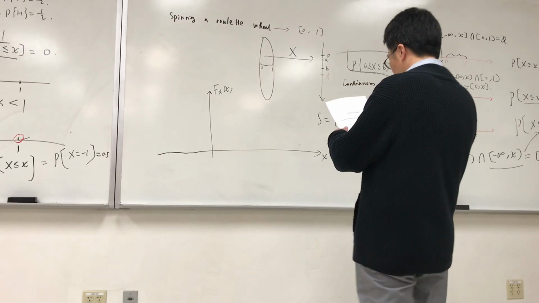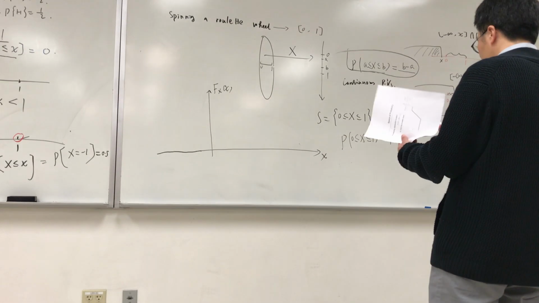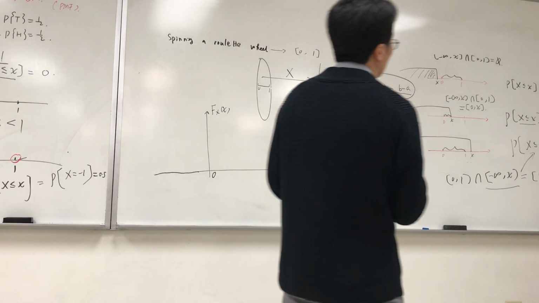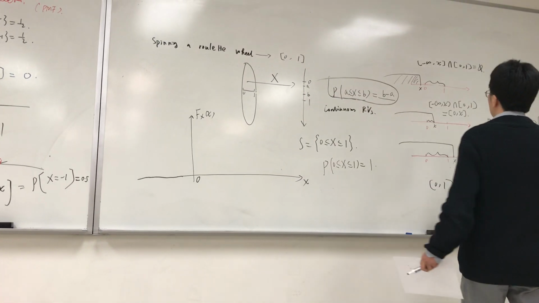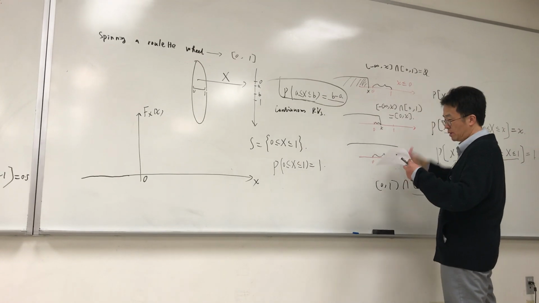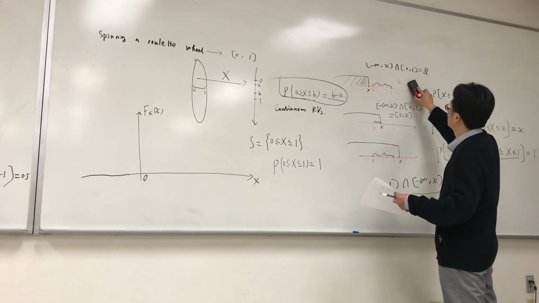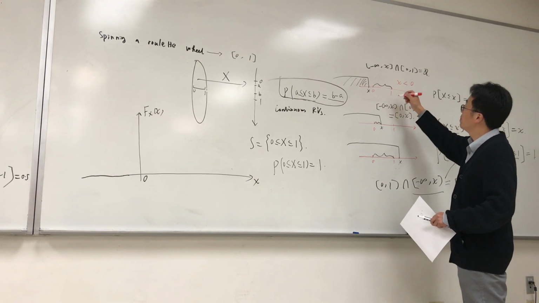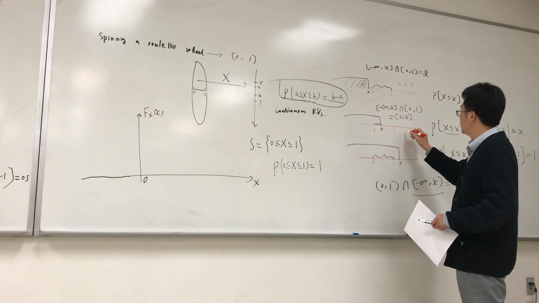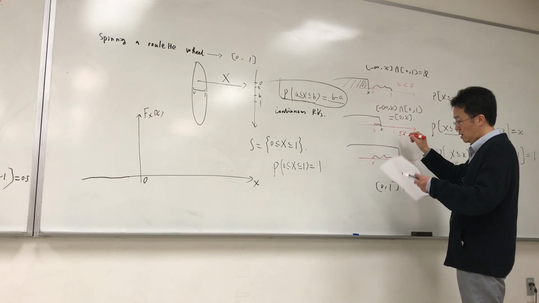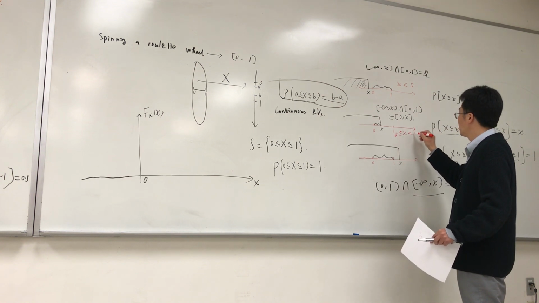Okay. So now you can see here, this is 0. This corresponds to x less than 0, sorry. Case number 1. Case number 2 is when x is between 0 and 1.